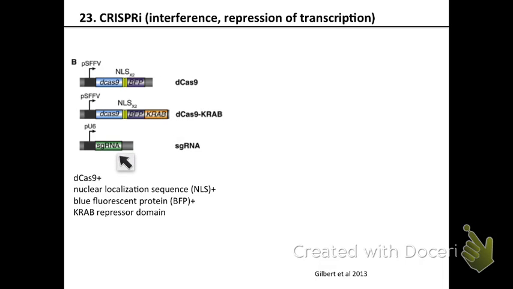And then they create a third construct that is going to be encoding for the single guide RNA. When it's transcribed, it's going to make that single guide RNA, which is going to complex with dCas9.